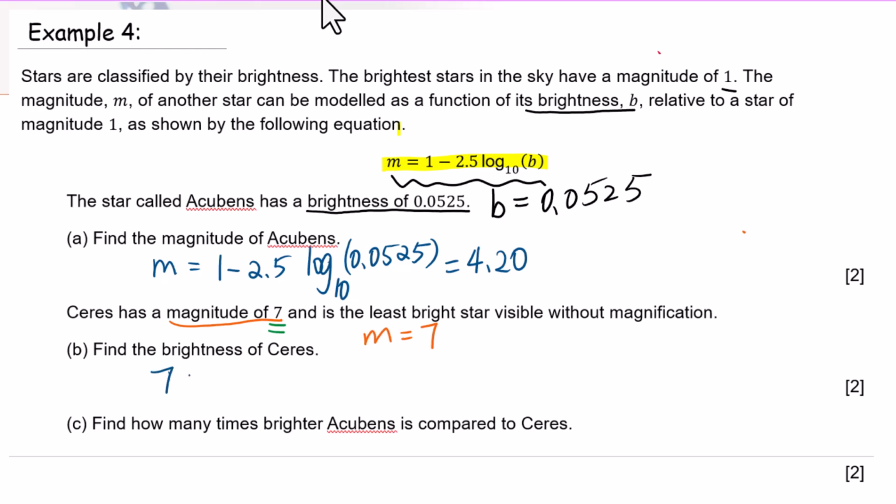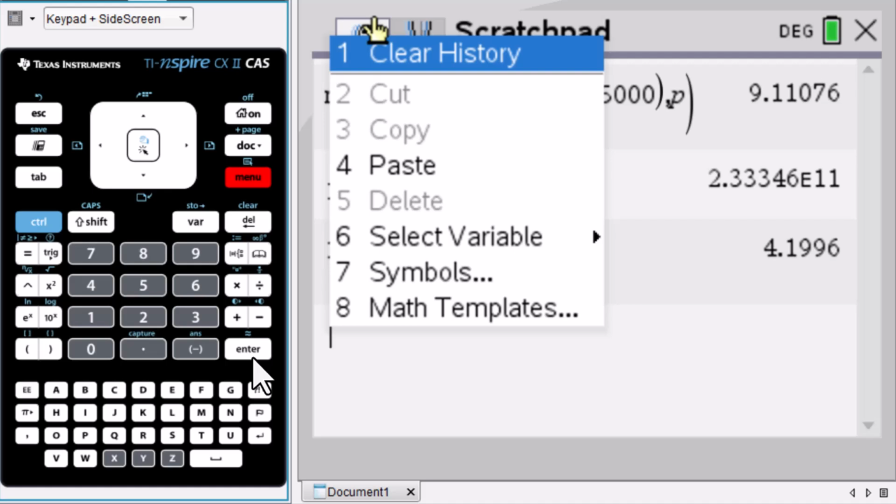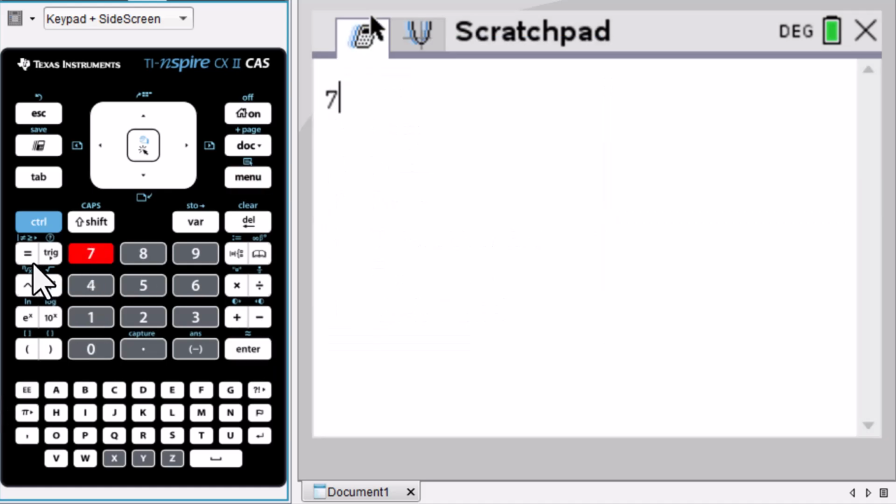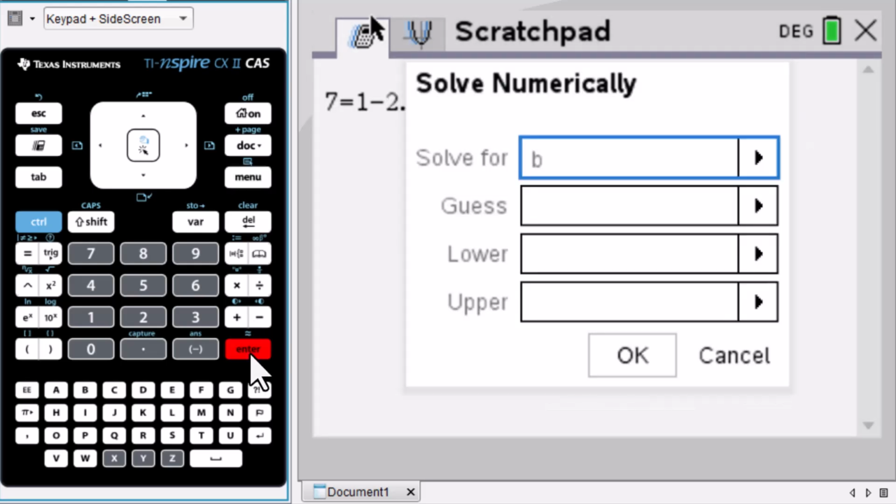We will get 7 equals 1 minus 2.5 log base 10 of b. Let's go to solver. Control menu, clear the history. 7 equals 1 minus 2.5 times control 10 to the x power. Let's go to log base 10 of b. Control menu, enter, enter, enter.